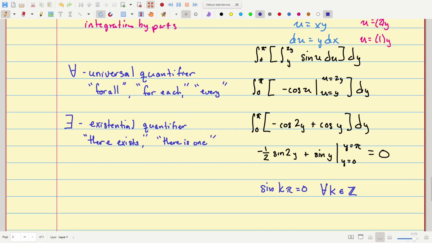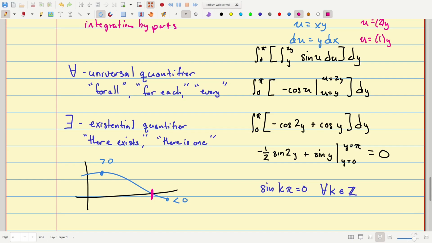Okay. So the existential quantifier shows up in things like the intermediate value theorem. If I have a curve where I know that one point is greater than 0 on the function and the other point is less than 0 on the function, by the intermediate value theorem, there exists at least one point where the value of the function is equal to 0.